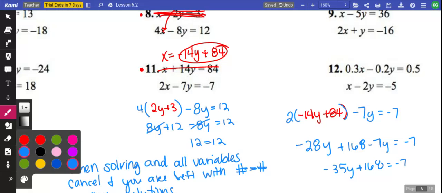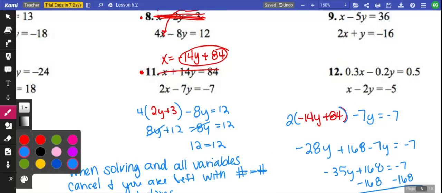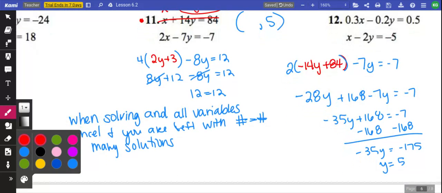And subtracting 168 to both sides gives me negative 35y equals negative 175. And when I divide by 35, I get y to be 5. Put that back up into the x equation.